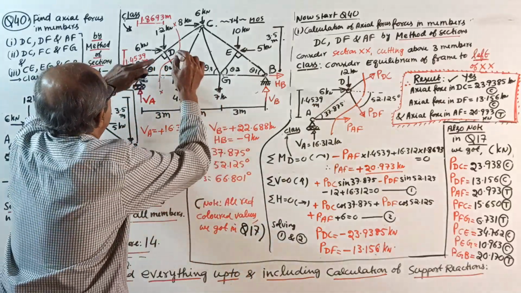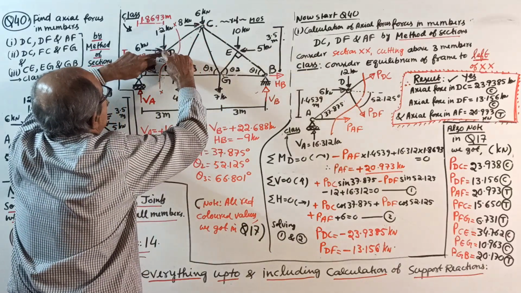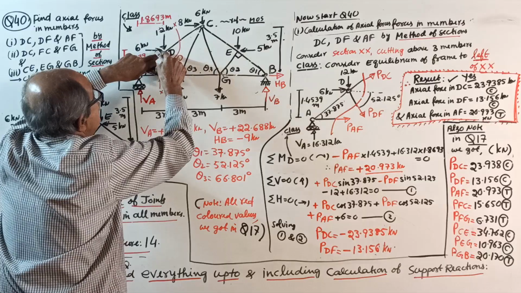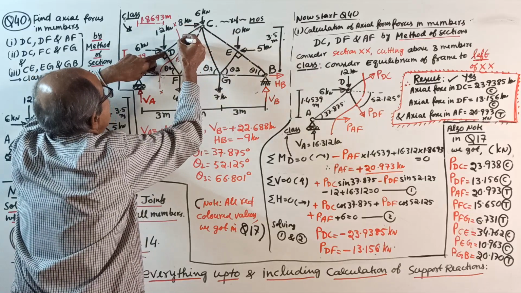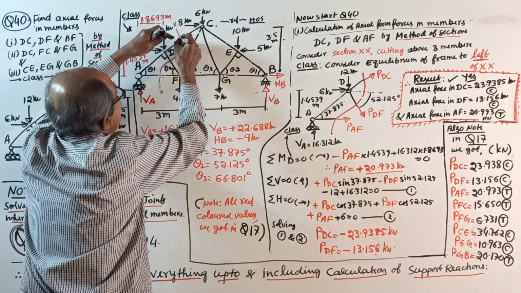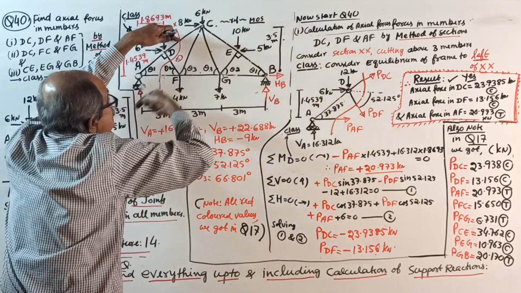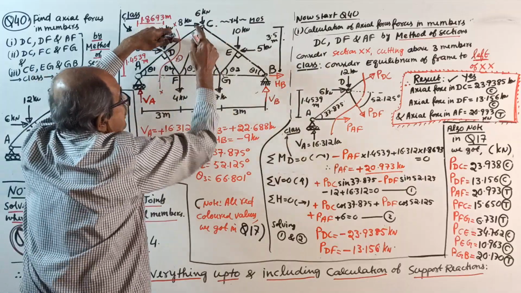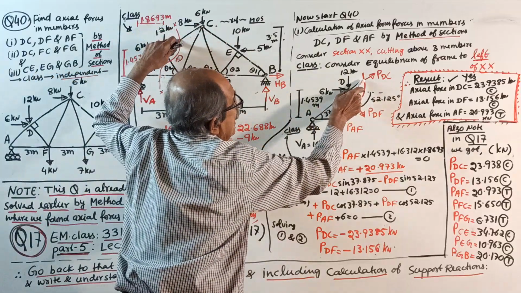See here, force. Force towards joint D for DC. Here, it is not CD. It is the force at this point, force towards joint D from the DC member. See, I told outgoing.